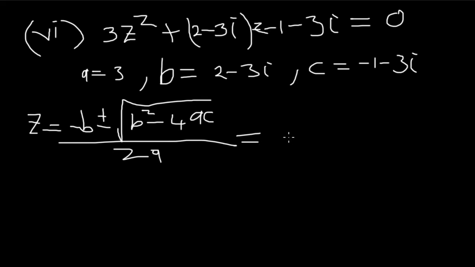So now we put in our values. Our negative B, we put this negative outside, and then we open the brackets and put our B there.